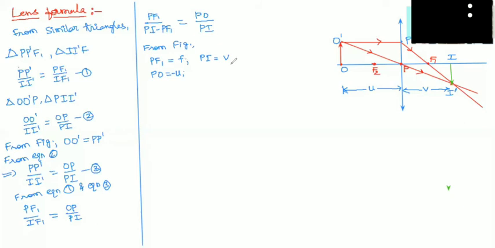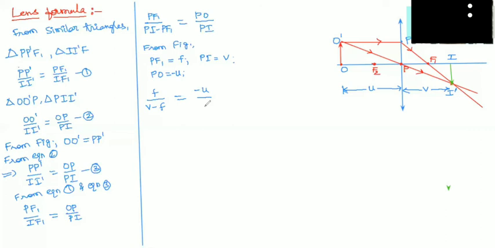Right? Now if we substitute all these into the above equation, what do we get? PF1 is F by PI, PI is V minus PF1, again F, is equal to PO, which is minus U, by PI, PI is again V.